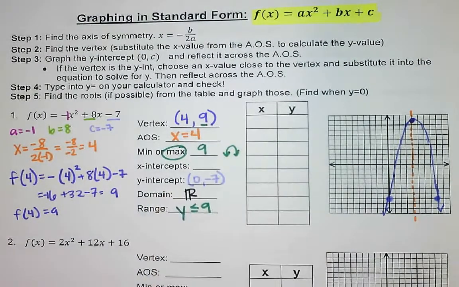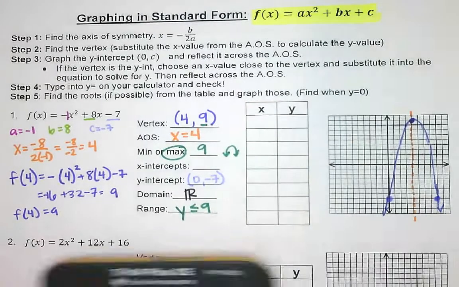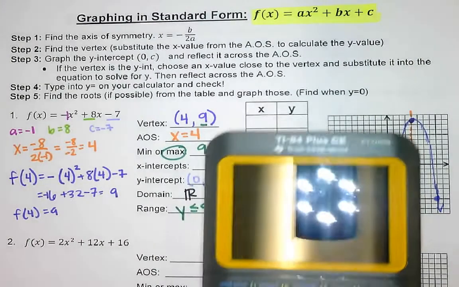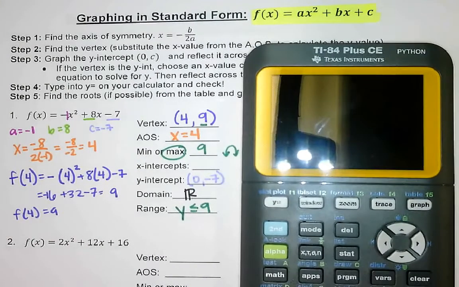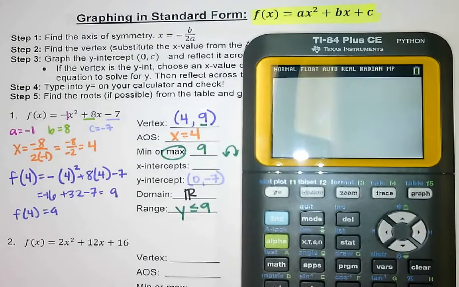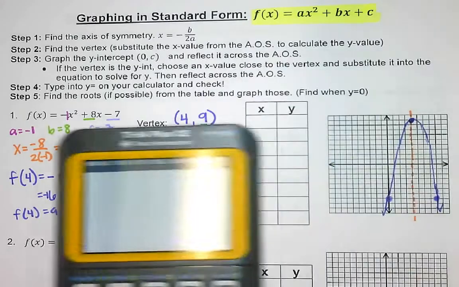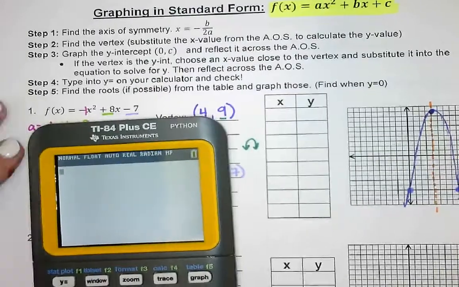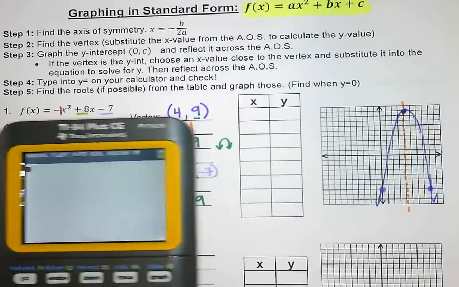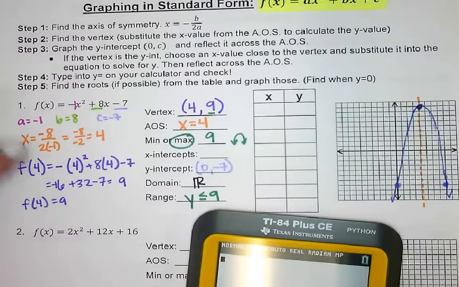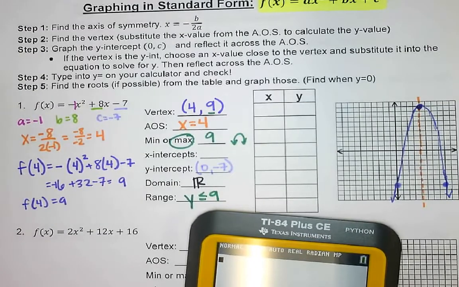Honestly, it's not that different from what we just did. But guys, one thing I encourage you to do is to use your calculator right here. You can figure out your vertex algebraically like this.